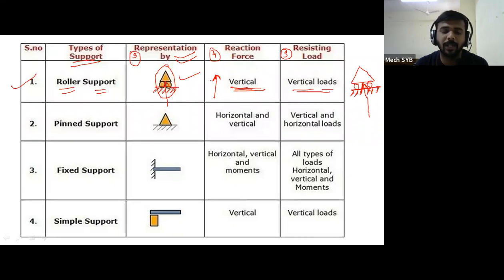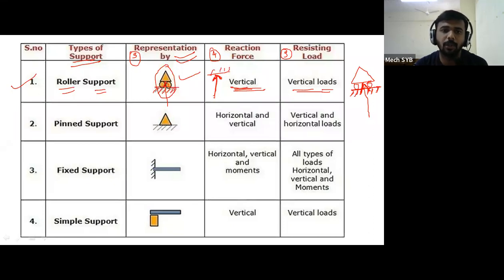Whenever we are drawing the figure, or solving numericals, the beams are given to you, and if a direct reaction is given as a support in the beam, we need not go for any conversion. But if there is a roller support mentioned in symbolic form, then we have to draw that beam once again, and instead of the roller support we have to represent one vertical reaction. So what we have to understand is that wherever a roller support is given, there is only one reaction, which one? Vertical. And that reaction is always perpendicular to the surface.